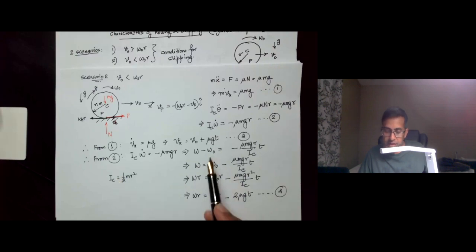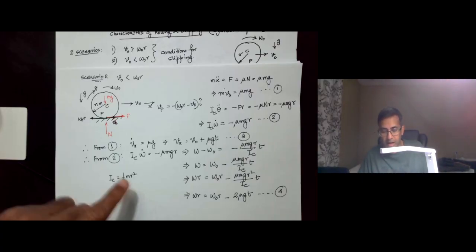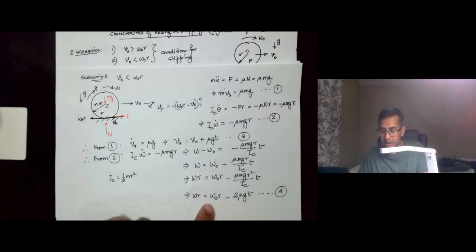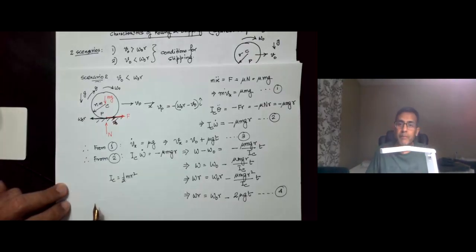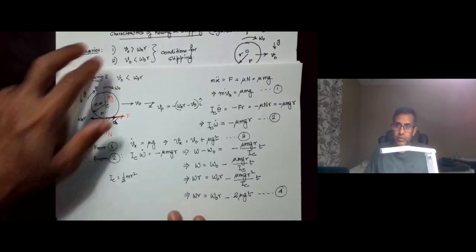And so in this case, what friction will do is it will keep increasing the linear velocity and decreasing the angular velocity, and it will keep doing so until the angular velocity times r becomes equal to the linear velocity, at which point pure rolling is going to take place.